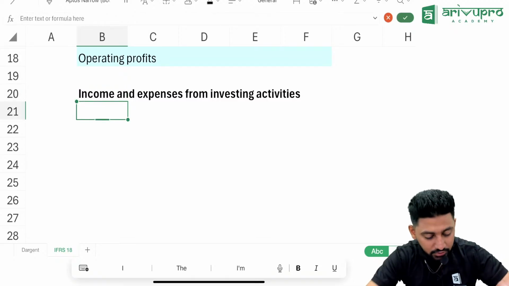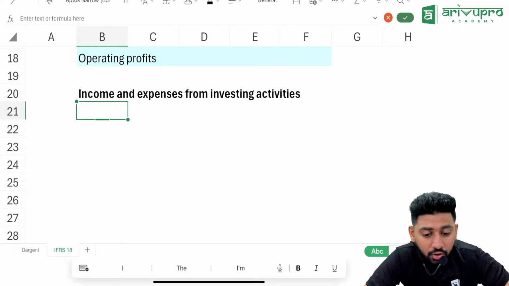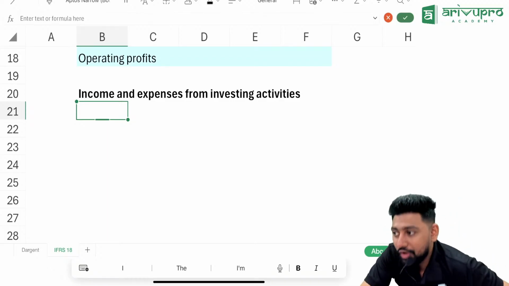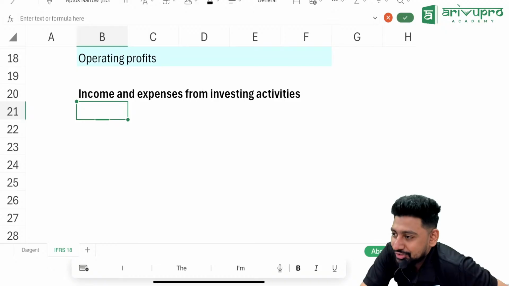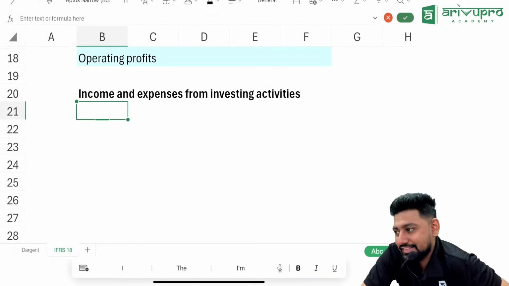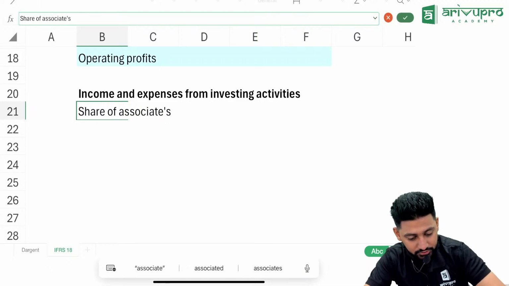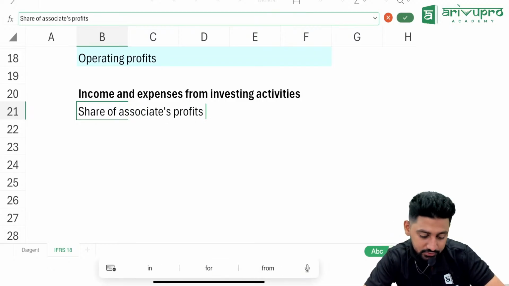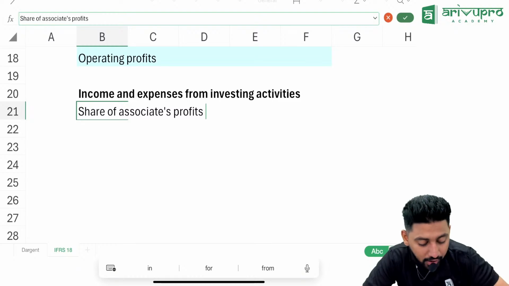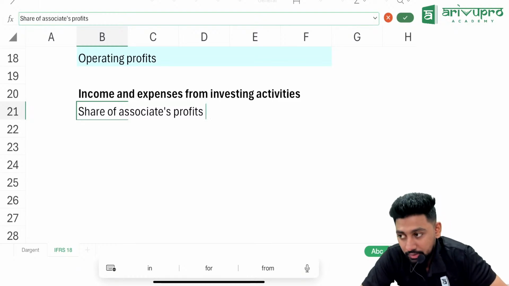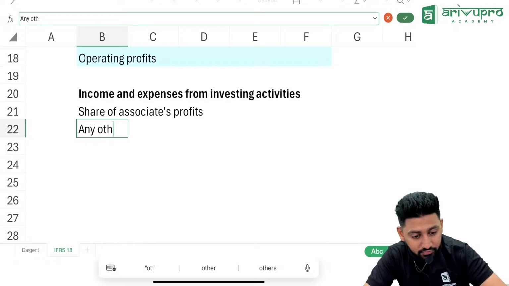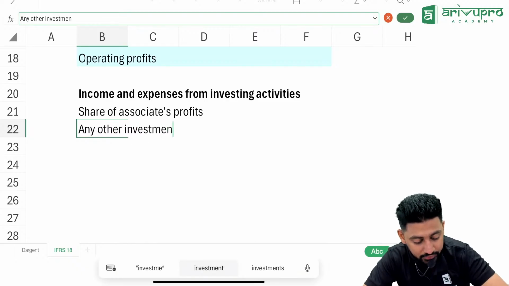So in other words, if you have invested in an associate, your share of associate's profit will come under this. And if you have any other investment apart from this, any other investments can come under this.